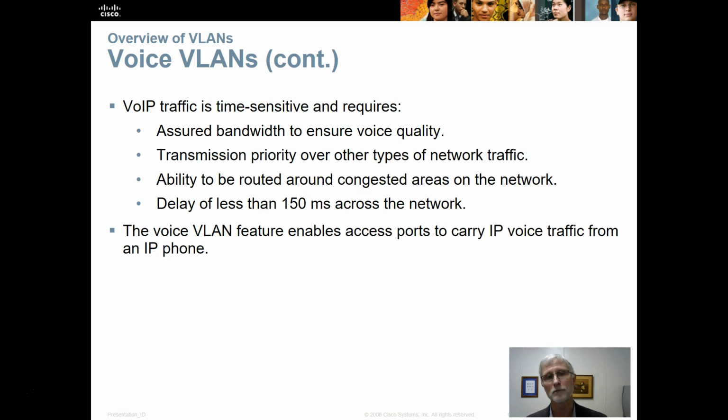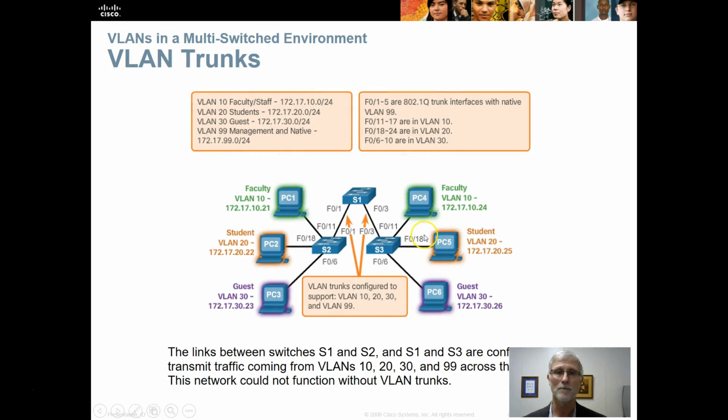It's the ability to route over congested areas if you need to, because with voice traffic you want to minimize that delay, because you don't want to hear echoing. You don't want the 'okay, wait, can you hear me now' type stuff going on. So because voice over IP traffic is time sensitive, you want to minimize that delay as much as possible. Voice VLAN features just allow us to carry voice traffic over any IP phone.